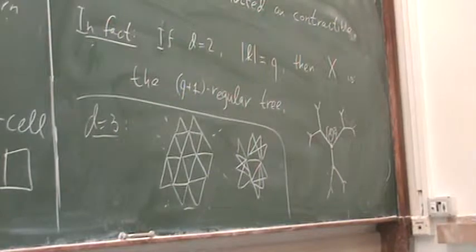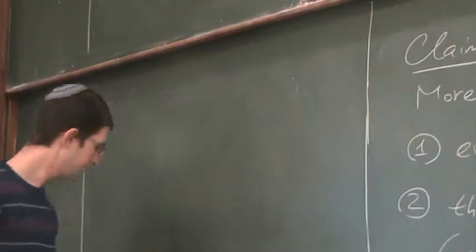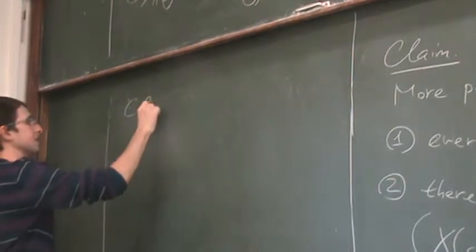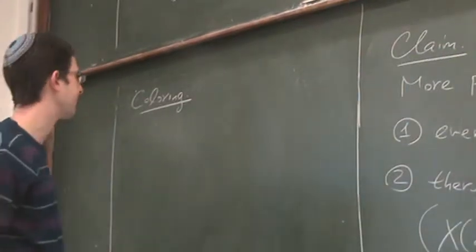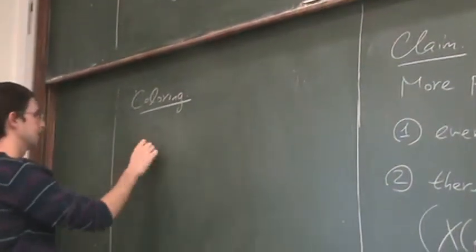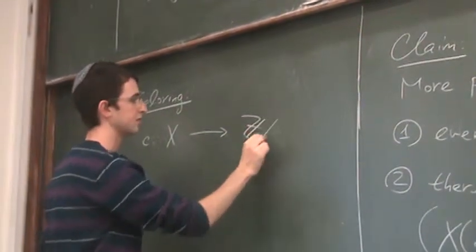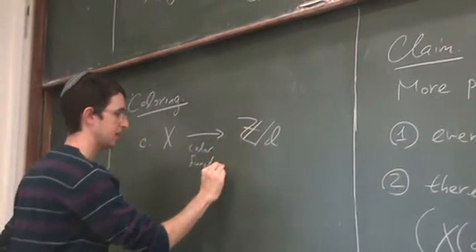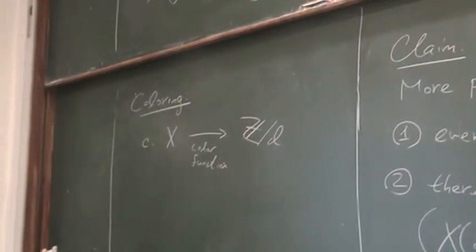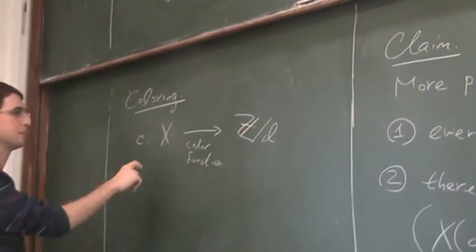Okay, I want to speak about some combinatorial properties of X. So, coloring. X has a natural coloring. There is a color function C from X to Z over D. It would be more beneficial to define it using the matrix representation.